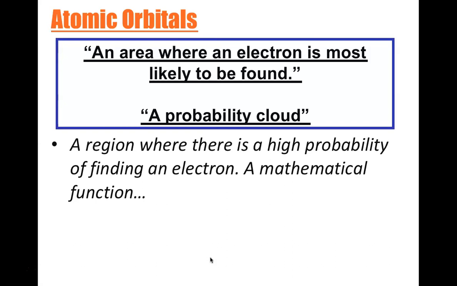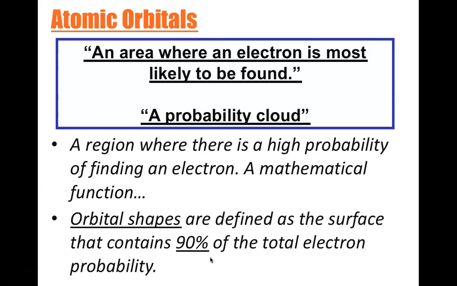So again, kind of saying the exact same thing. It's just a region in three-dimensional space where you have a high probability of finding an electron. It's a mathematical function, crazy math. So again, don't worry about the math. These shapes we're going to look at are defined by these mathematical functions, as I said, 90% of the total electron probability.